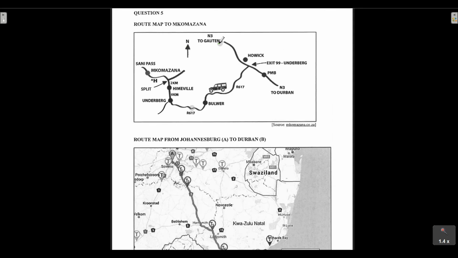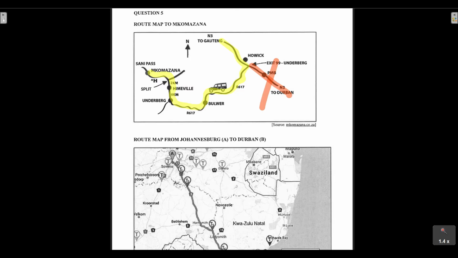Remember, they go from Gauteng, they travel onto the N3, they exit on 99, and then they move on the R617 to go to Nkomazana, right? So they do not continue onto this region where they pass Pietermaritzburg and then go to Durban. They do not go in that direction. So you need to take that into consideration, it is very important.